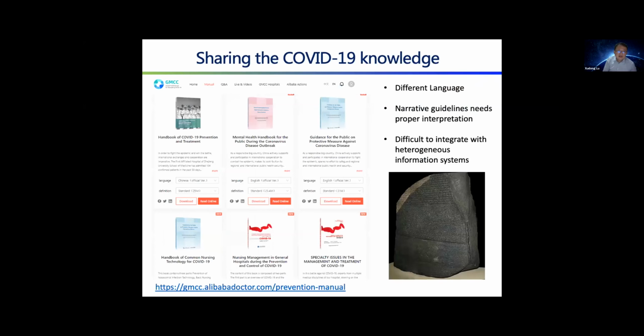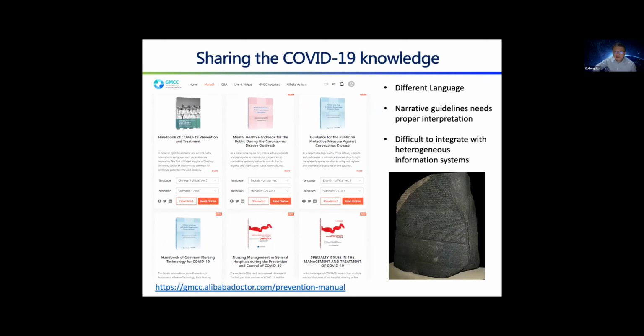What I'm thinking is that, at the same time, not only the Chinese version of the guideline, but also a lot of knowledge has been developed, released and shared, including, for example, the handbook of COVID-19 prevention and treatment developed by Alibaba and some hospital experts.